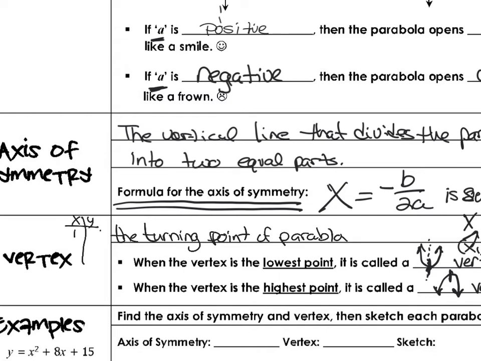And your parabola could be doing something like 2, 1, 0, negative 1, 2. It's going one way and then it turns and goes the other. Remember I said that turn was your vertex?